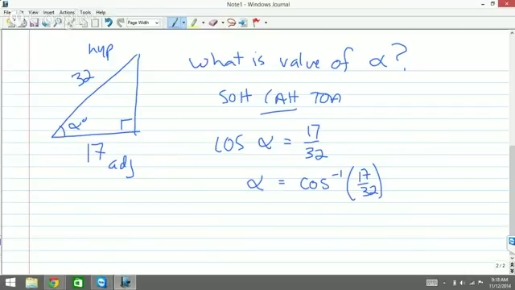Cosine and cosine inverse. So it's just second cosine on your calculator, 17 divided by 32. Making sure again you're in degree mode for now.